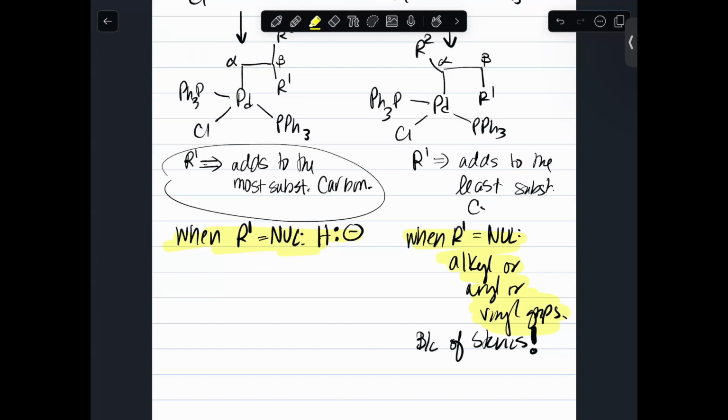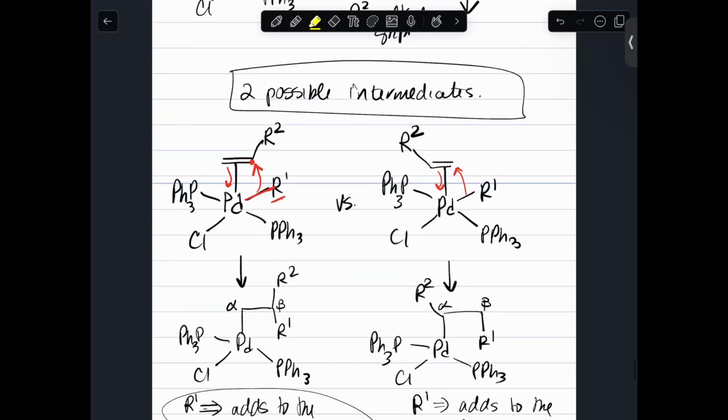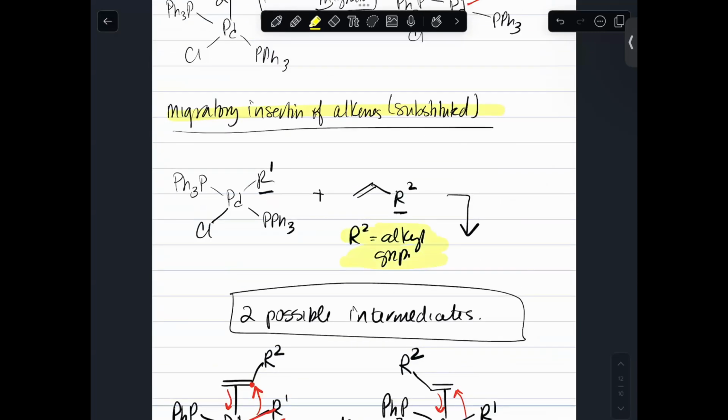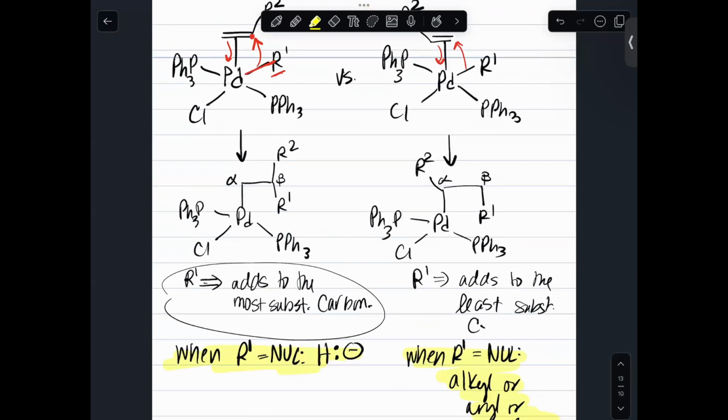You're trying to avoid the crowding and you're trying to avoid any interactions with your R2 group, which also is an alkyl group, okay? So if R2 is an alkyl group, the only thing you can add to that substituted carbon are hydride sources, okay?